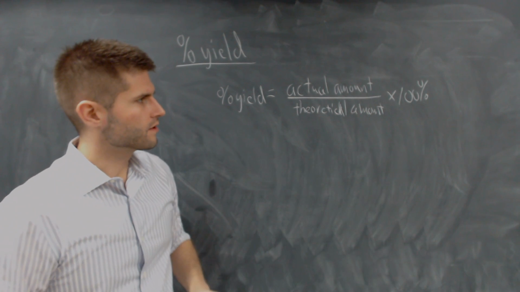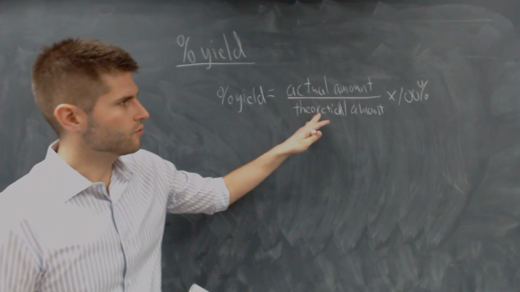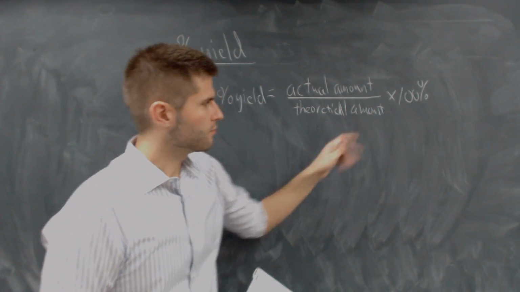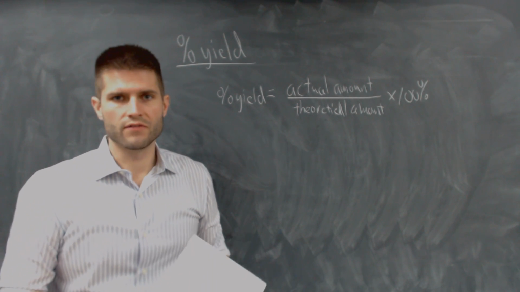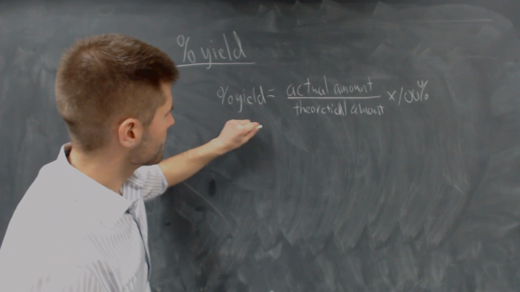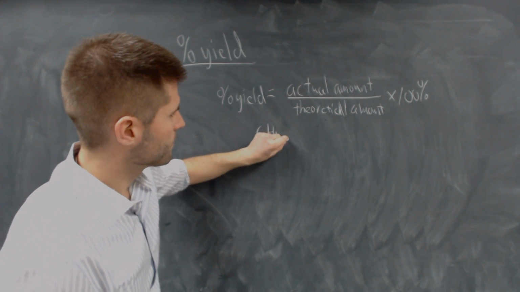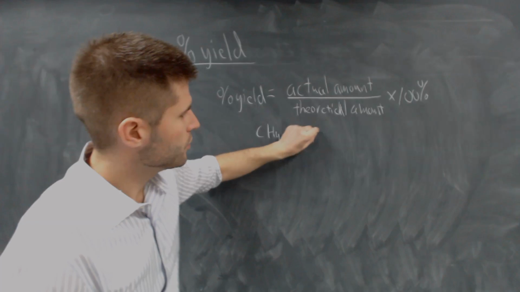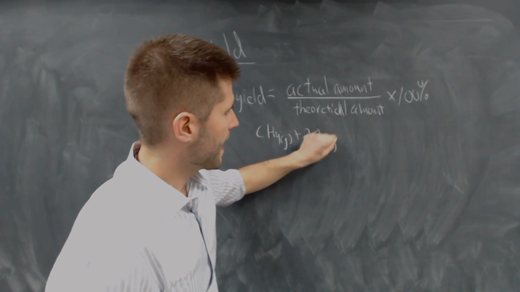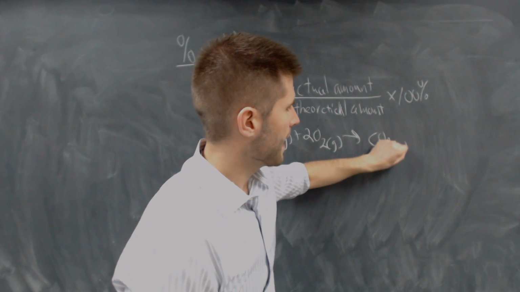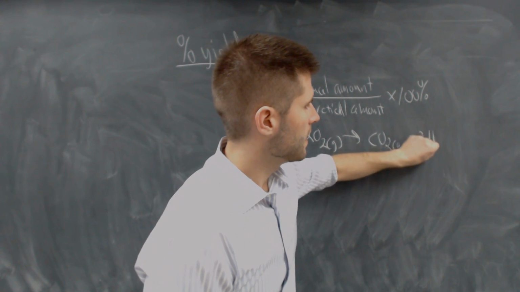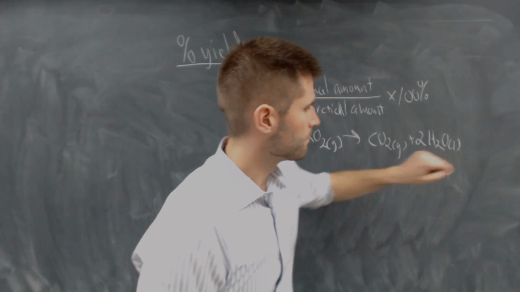So let's actually do an example of this using the same balanced equation that we used on the previous video, the combustion of methane. So we know that methane is a gas, plus we had the 2 O2, which is a gas. This yielded 1 CO2, which is a gas, plus 2 H2O, which is a liquid.